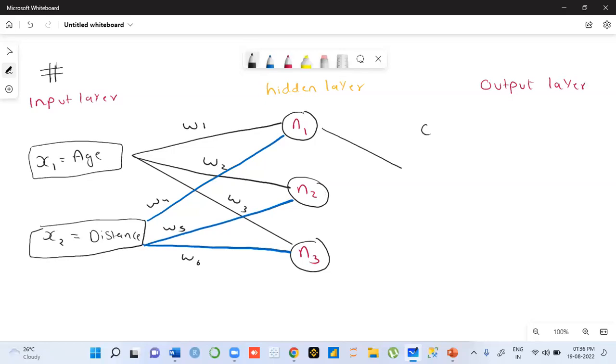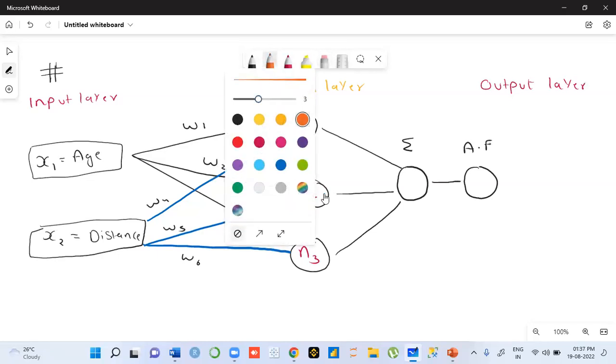Remember? Cell body. You can further break or I write in a small box. Okay. एक जगह जमा हो जाएंगे सारे. क्या हो जाएगा इन सबका? Sum. So after sum we applied activation function. Clear?